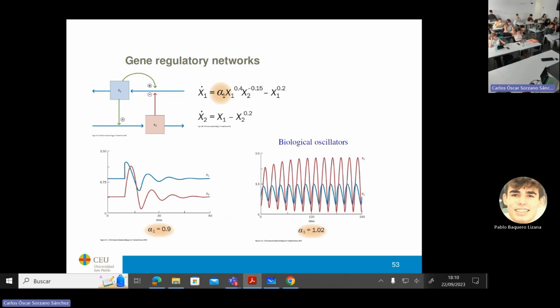You can see that with 0.9 it goes to a damped oscillation, and it goes to some kind of steady state. If alpha is 1.02, it doesn't go to a steady state; it goes to an oscillatory behavior. You were asking before about circadian rhythm. This is a structure that leads to cycles.